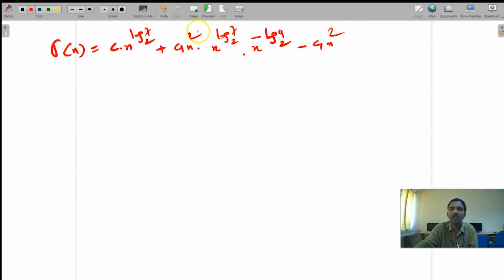Now this is n power 2. 4 can be written as 2 power 2, so that this is n power minus 2. These two terms are cancelling.